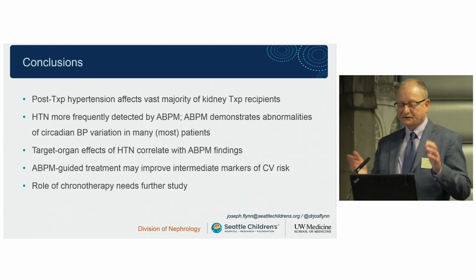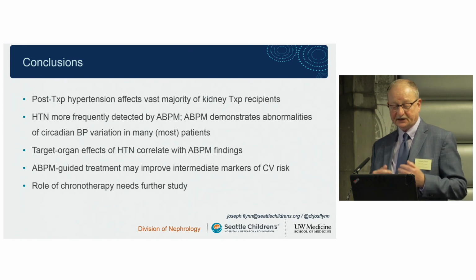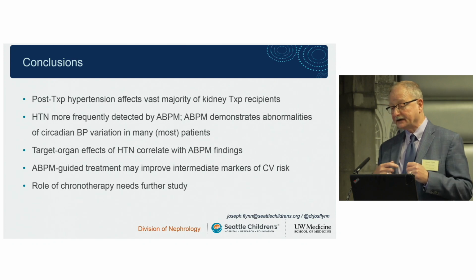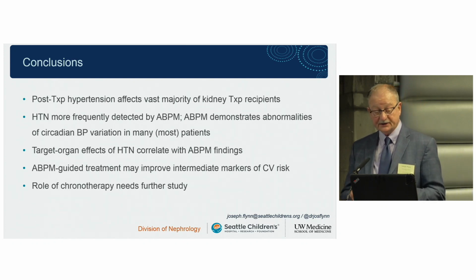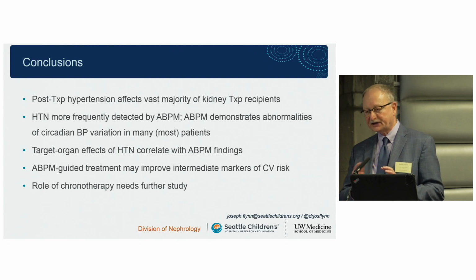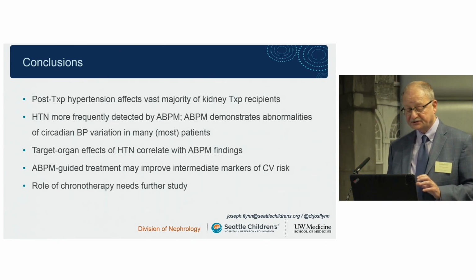So, putting this together, we know that post-transplant hypertension is common. We know that it's very frequently detectable by ambulatory blood pressure monitoring, that the value of ABPM is that it detects these circadian blood pressure abnormalities like blunted and reverse dipping, isolated nocturnal hypertension.